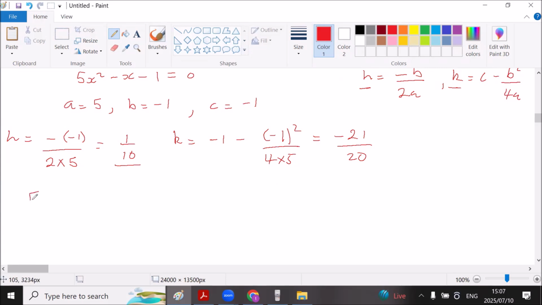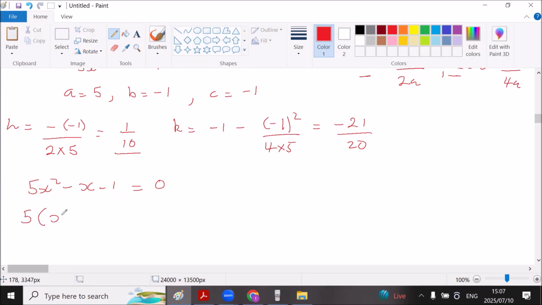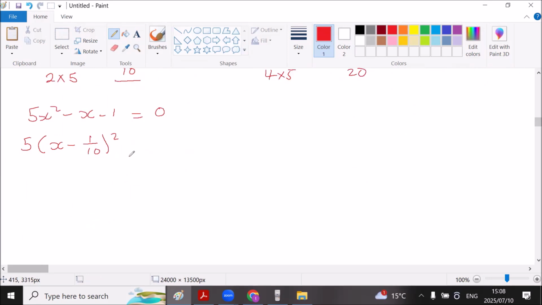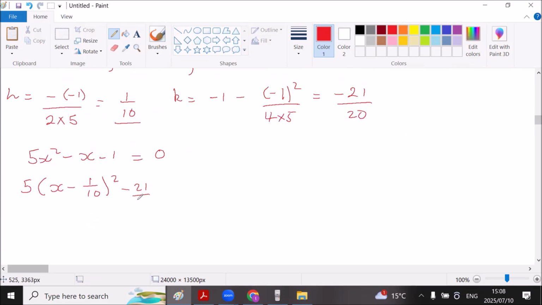Now, 5x squared minus x minus 1 is equal to 0 can be written in the completed square form as 5 bracket x minus 1 over 10 squared minus 21 over 20 is equal to 0. Now we can take minus 21 over 20 to that side.